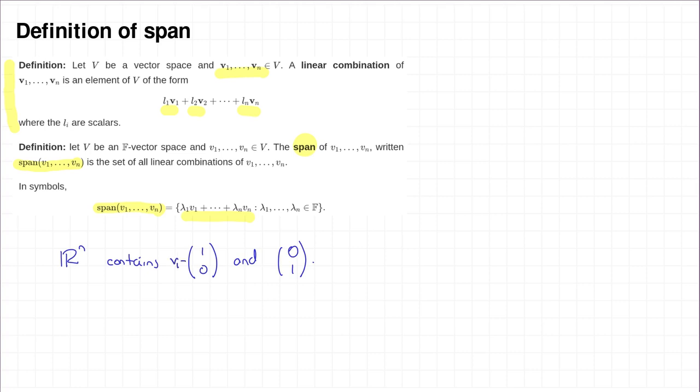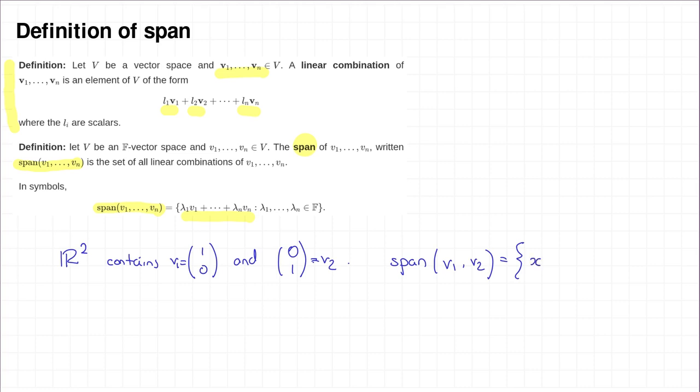This is going to be v1, this is going to be v2. Then the span of v1 and v2 is by definition the set of all linear combinations of v1 and v2, where the scalars come from, in our case, the real numbers, because we're talking about a vector space R squared, which is a vector space over the real numbers.